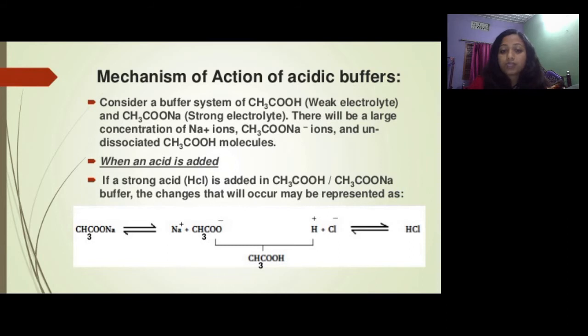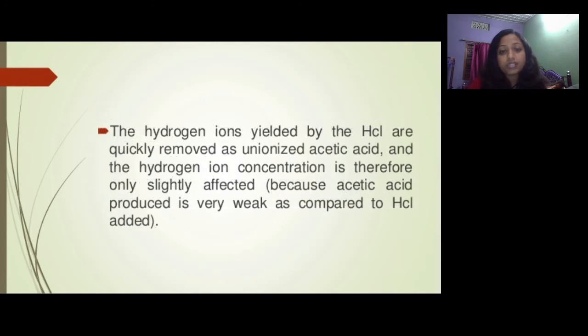The H plus ion from the hydrochloric acid will combine with the acetate ion of sodium acetate to produce acetic acid again. Now this acetic acid is a weak acid, so it is not strongly ionized.